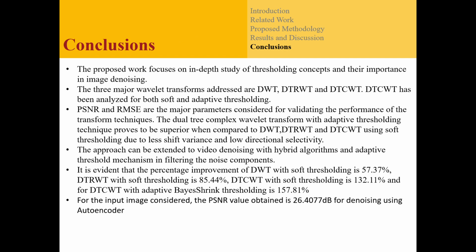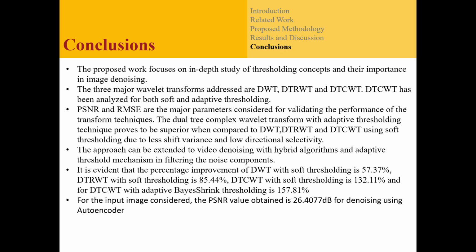In DTCWT we have analyzed both soft and adaptive thresholding. The PSNR and RMSE values are better for DTCWT, and we have taken that technique because it has less shift variance and good directional selectivity.